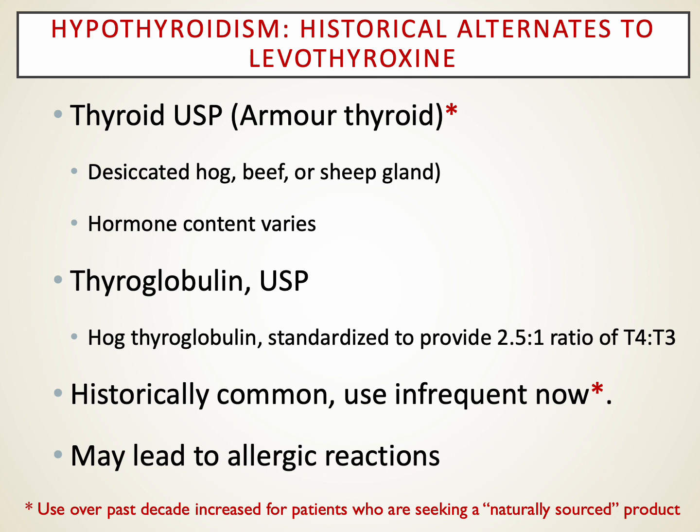There's really, to my knowledge, no real advantage of this product. It's not recommended by standard compendia for use. There's more variation in response, but it's the alternative for someone who would absolutely refuse synthetic levothyroxine for some reason. And then thyroglobulin is an older product that I'll tell you honestly I haven't seen used as well.